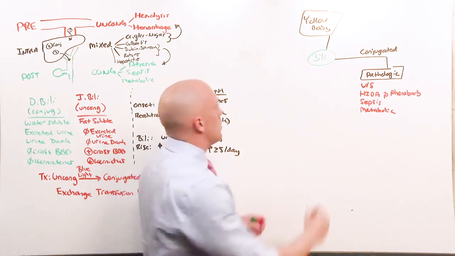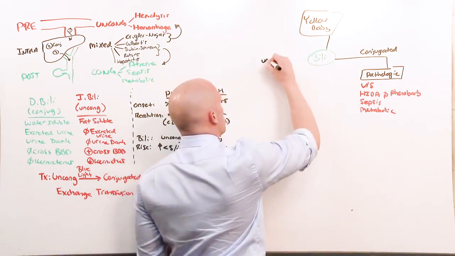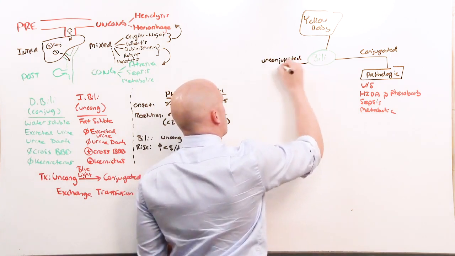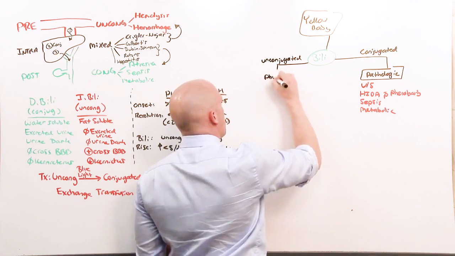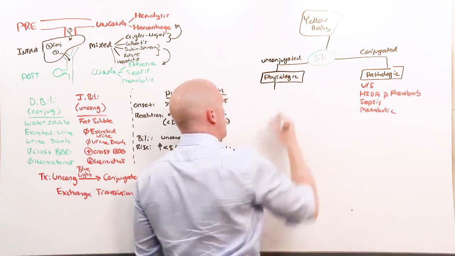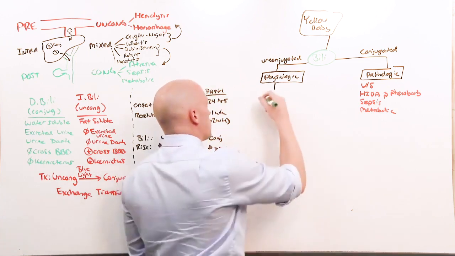But on the other hand, if it is unconjugated, it is physiologic, and you need to know where that physiologic error is coming from. The first thing to do is do a Coombs test.